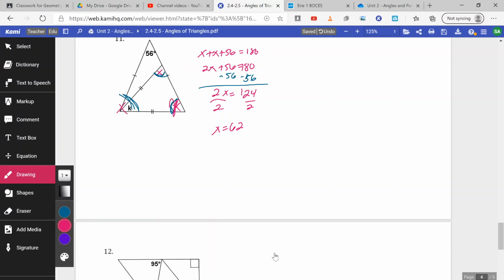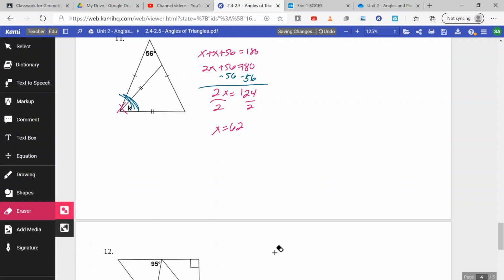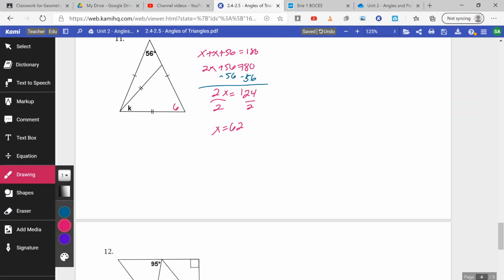So let me erase these and put in the markings that we do know. So this is 62. This is 62. And then this whole thing is 62 degrees. So now we have to figure out what K is equal to. Now, fortunately, it's the same thing that we just learned. So the angles of a triangle add up to 180.